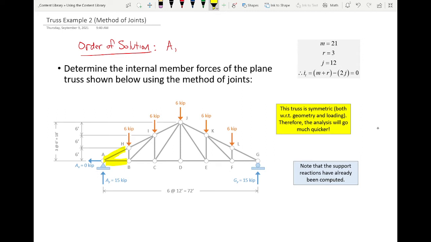Yes, sir? So on the homework, do you want us to write them both? Like, we solve for AB, do you want to go ahead and write GF? Not necessarily. I'm actually going to show you what I did. This is my notebook for my calcs.